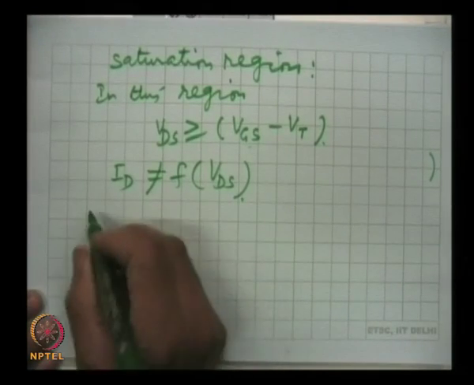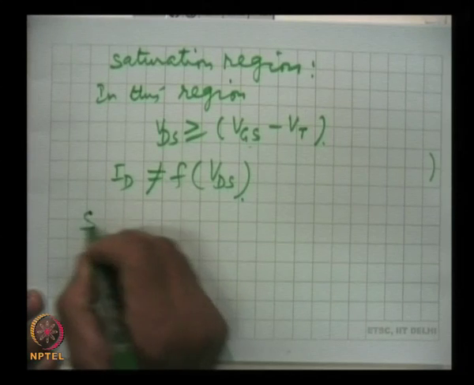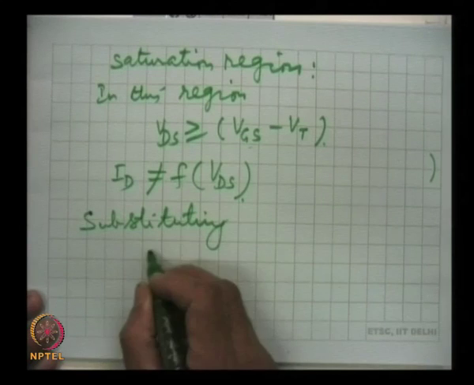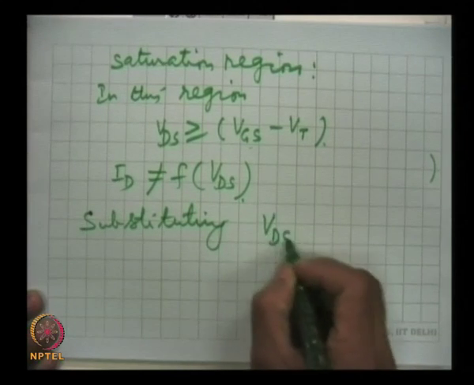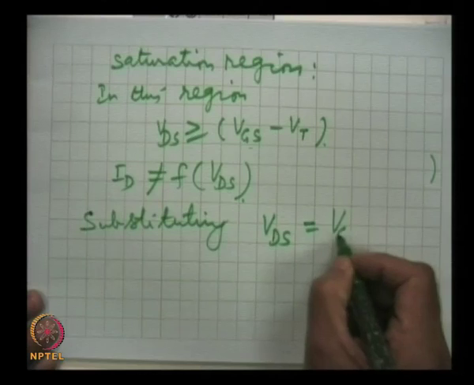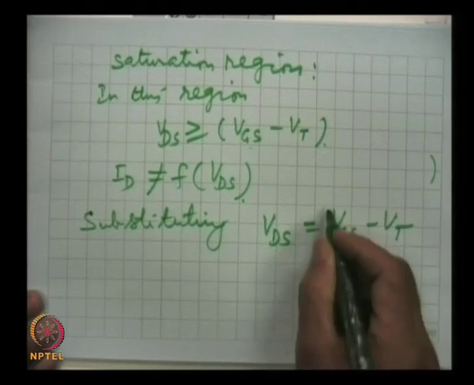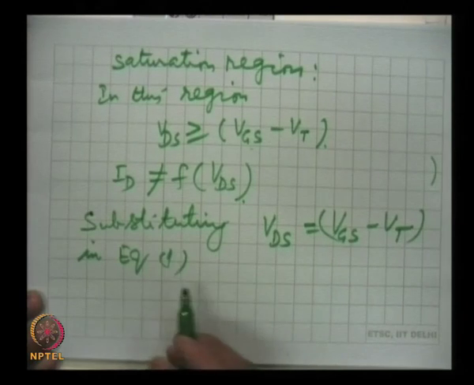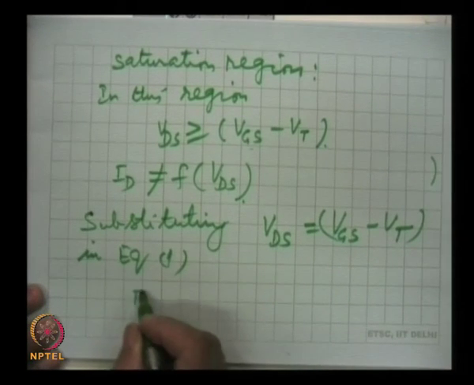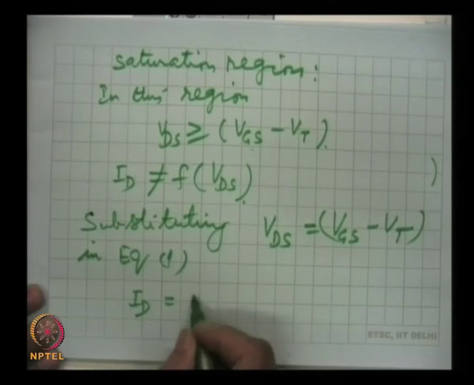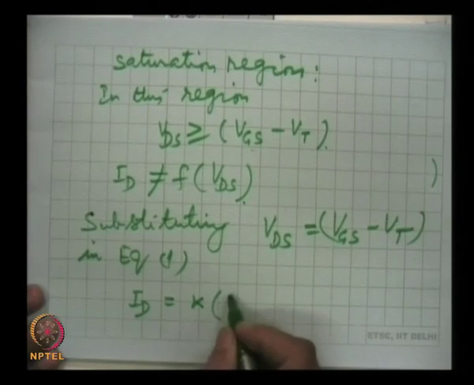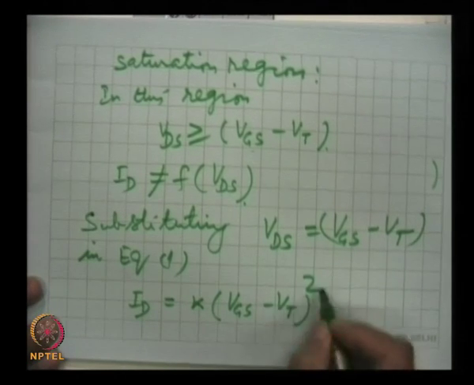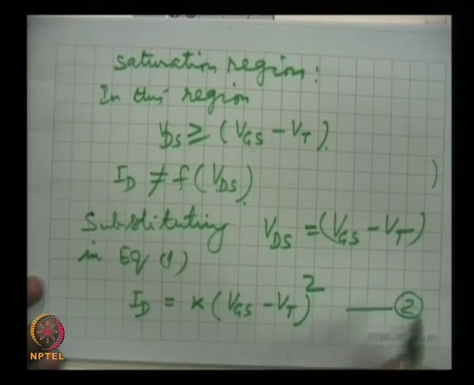So, substituting VDS equal to VGS minus VT in equation 1, we get ID is equal to K times VGS minus VT square. We call it equation 2.